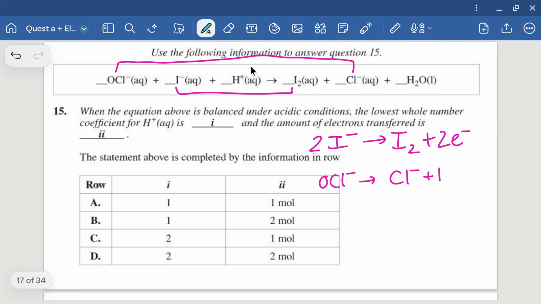I will add in 1 water molecule to balance out oxygen, and then I'll add in 2 hydrogen ions to balance out the hydrogen, and then lastly balance out the charges.